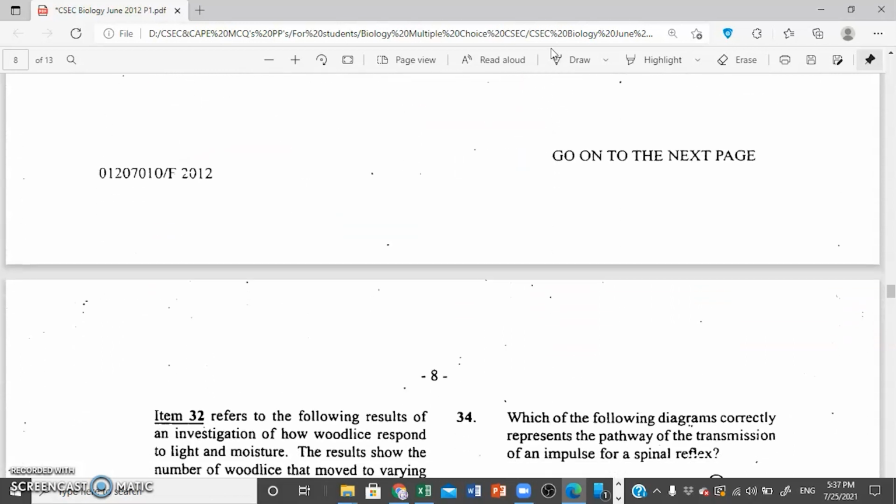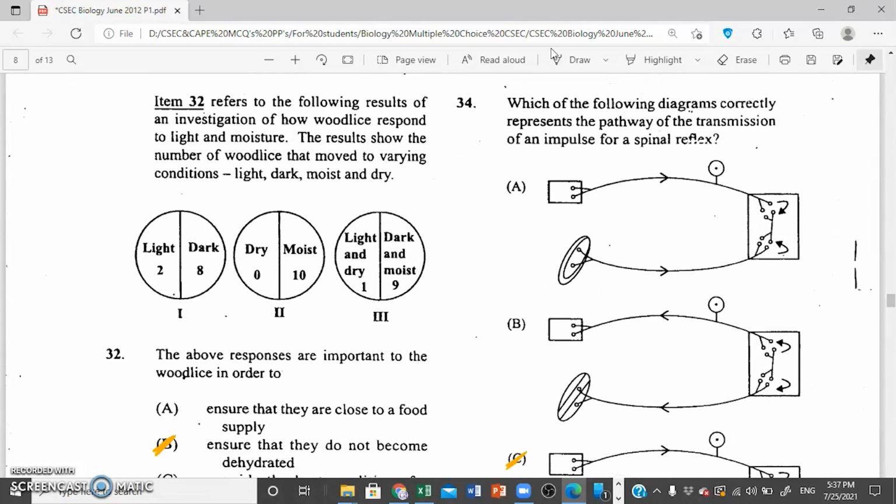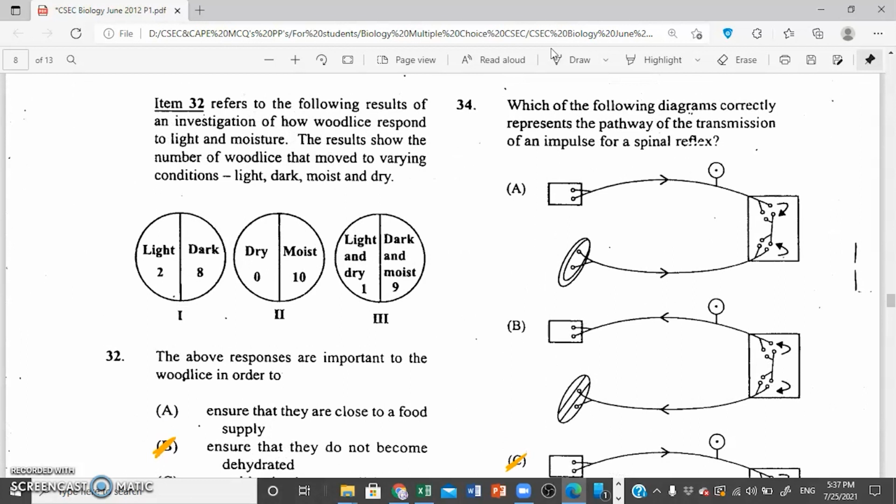Number 32. Item 32 refers to the following results of an investigation of how woodlice respond to light and moisture. The results show the number of woodlice that moved to varying conditions: light, dark, moist, and dry.